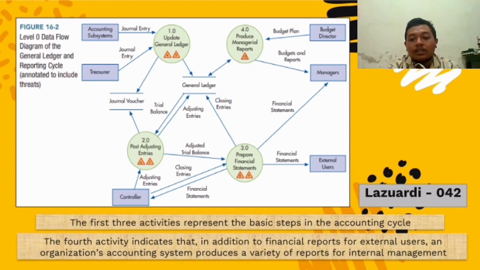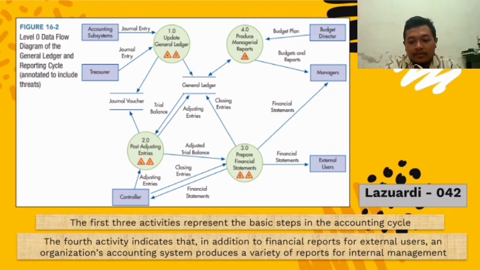Of course, the treasurer inputs the transactions or journal entries according to the transactions done by the company and also from the accounting subsystems. And next is post adjusting entries, and it is done by the controller.